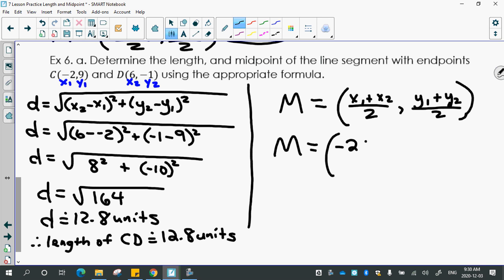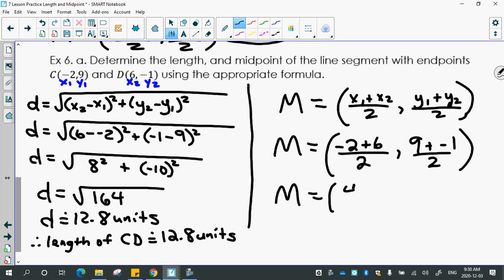So -2 plus 6 over 2. Y1, 9 plus -1 over 2. So 4 over 2, and 8 over 2, and that works out nicely to the point (2, 4).